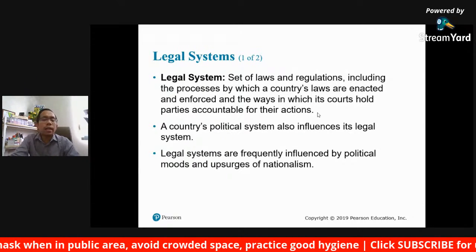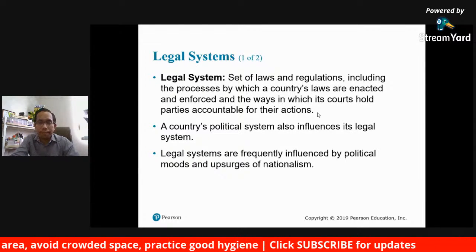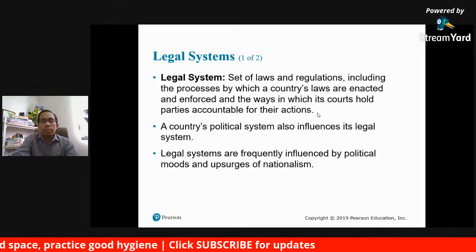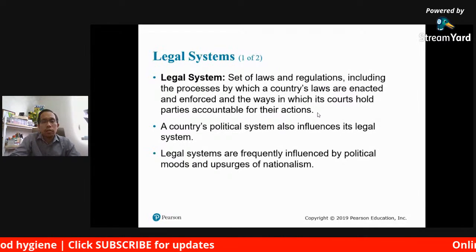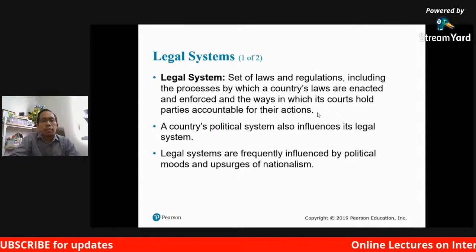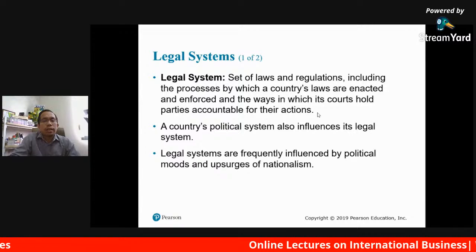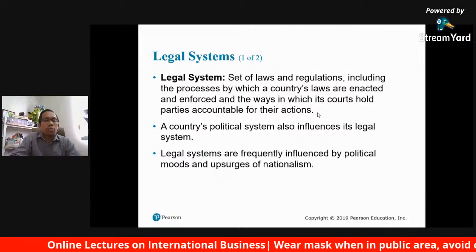We go to the third part, called the legal system. The legal system consists of laws and regulations, including the process by which a country's laws are enacted and enforced, and the ways in which courts hold parties accountable for their actions.